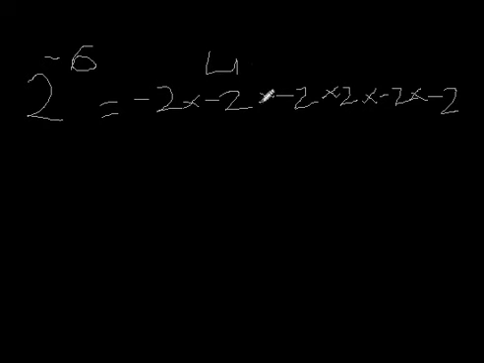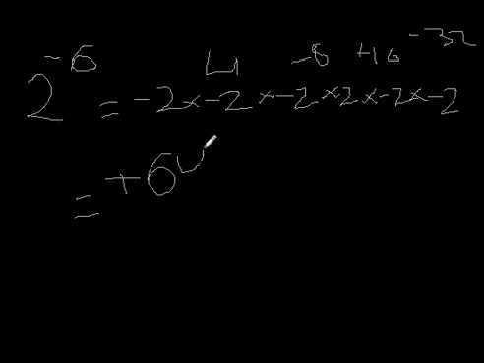Positive 4 times negative 2 is negative 8. Negative 8 times negative 2 is positive 16. Positive 16 times negative 2 is negative 32. Negative 32 times negative 2 is positive 64. You see that?